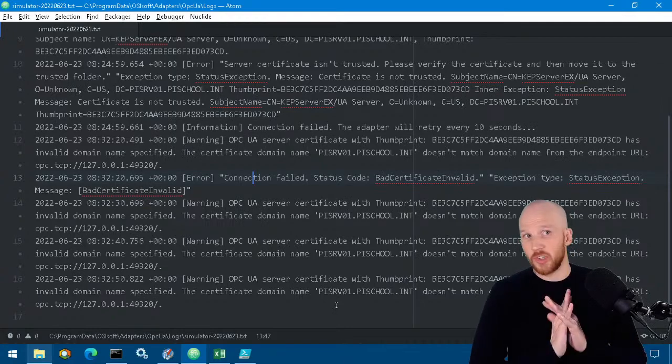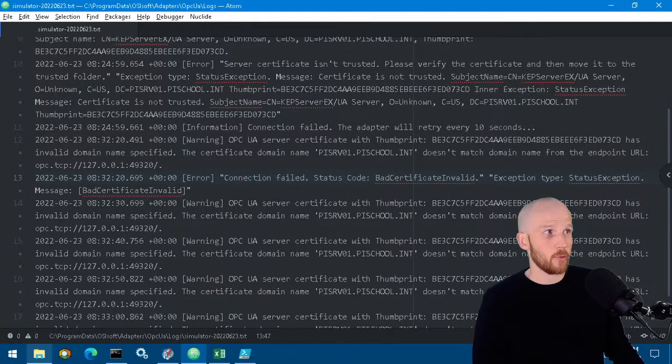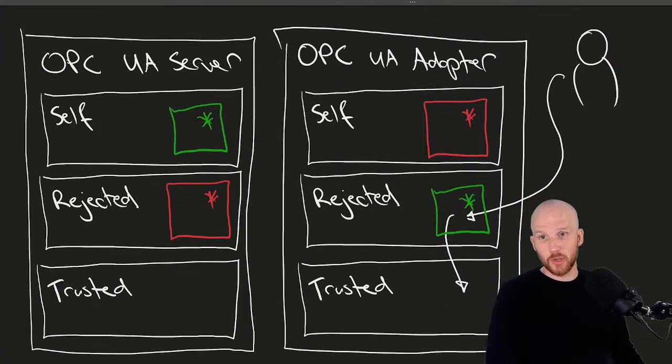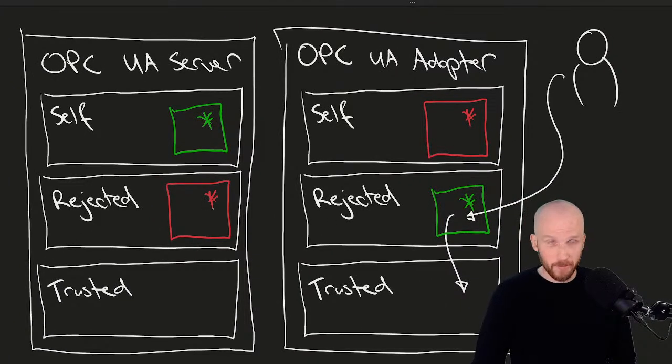Now, depending on the OPC UA server, performing this action will be different. Some OPC UA servers, you will go and move a certificate from one folder to another. This one's a little different. This is cap server. We're going to right-click on the rejected certificate and say trust.